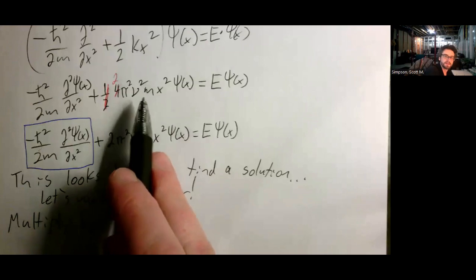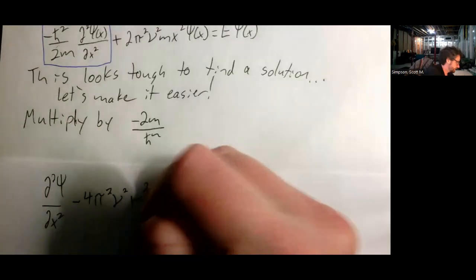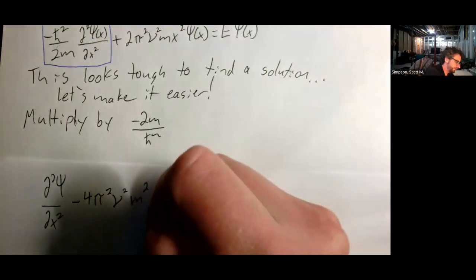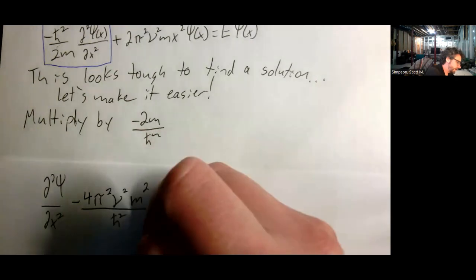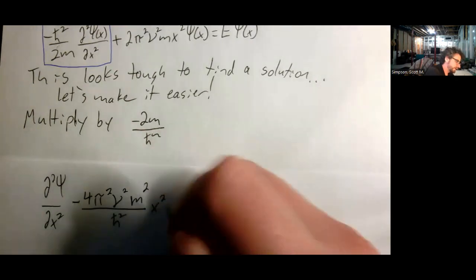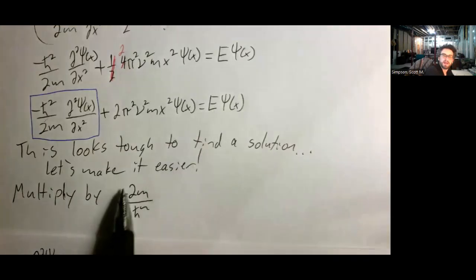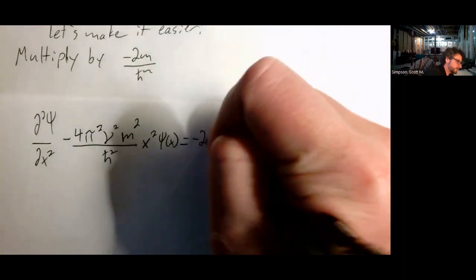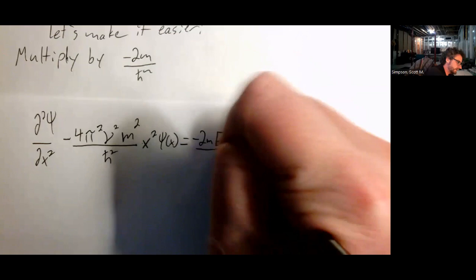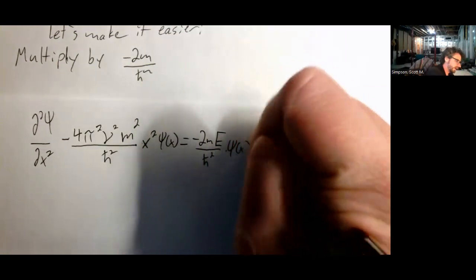We have another mass that gets tacked in here, so we get m squared all over h bar times x squared psi of x. And then we have to multiply this E by that term too. So we end up getting negative 2m E over h bar squared psi of x.